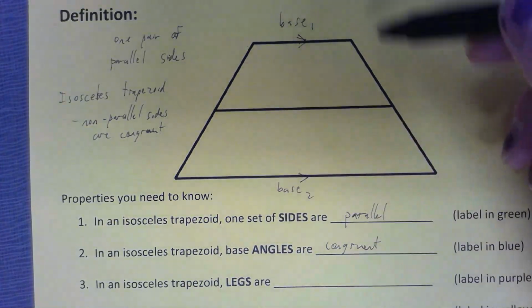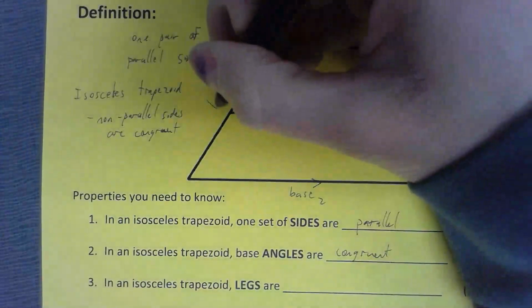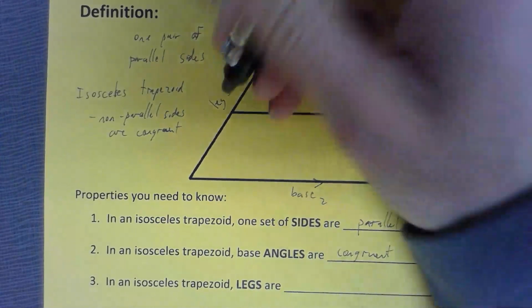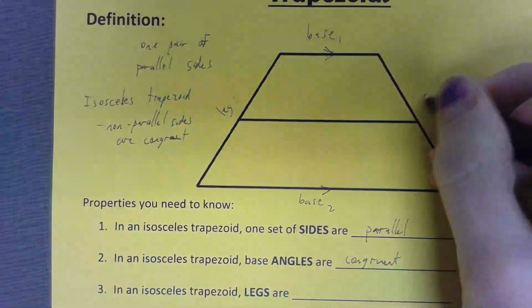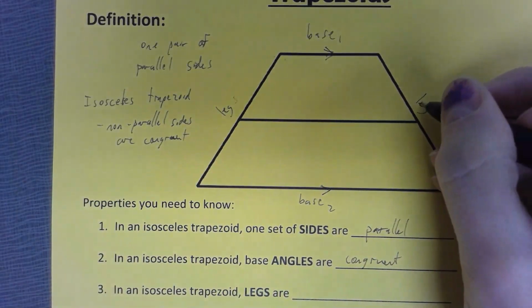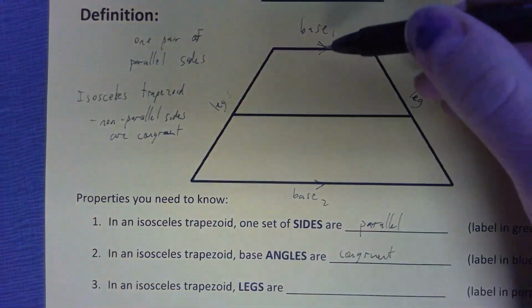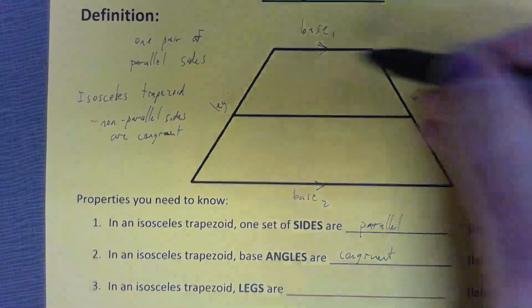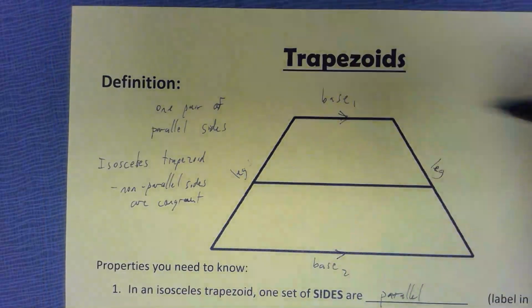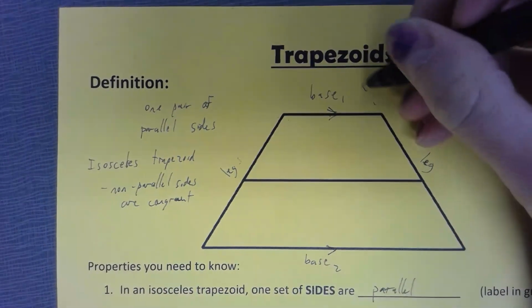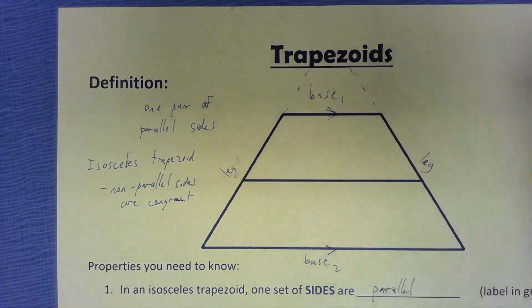The two other sides we're going to call the legs, just like on isosceles triangles. The difference here is, imagine it's like an isosceles triangle where we chop off part of it. If we continue these sides, they would eventually meet as a triangle, right?